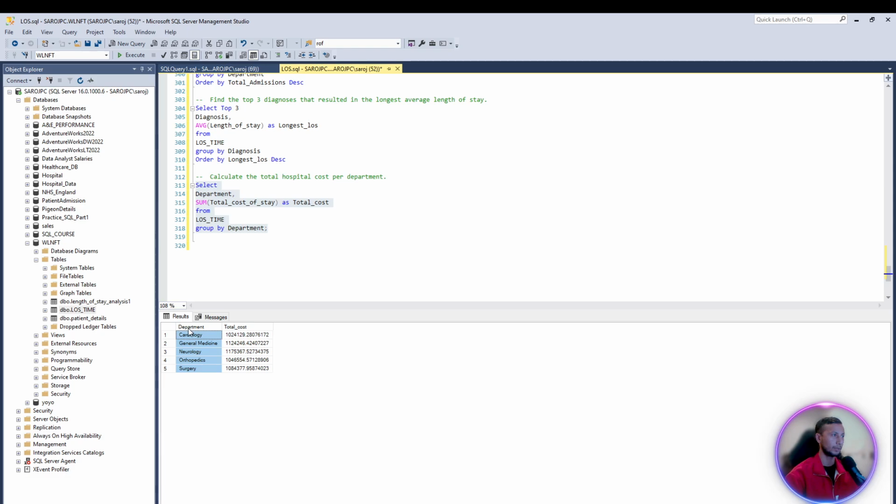Okay, we got the department name and we got the total cost, but you can see here we got a lot of decimals at the end. Now what we can do is round this up and only keep 2 decimals. So let me use the round. I will put the parenthesis, give the comma, and how many decimals we want.